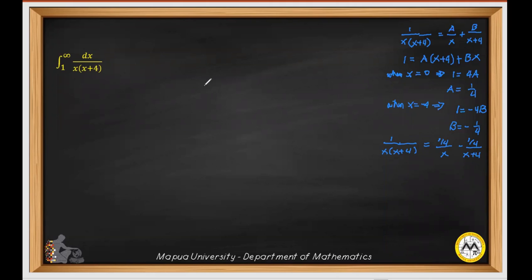Okay, hence, if we are going to evaluate this, then this will give us the limit of the integral of the differential of x over x times the quantity x plus 4, from the lower limit 1 to the upper limit b.